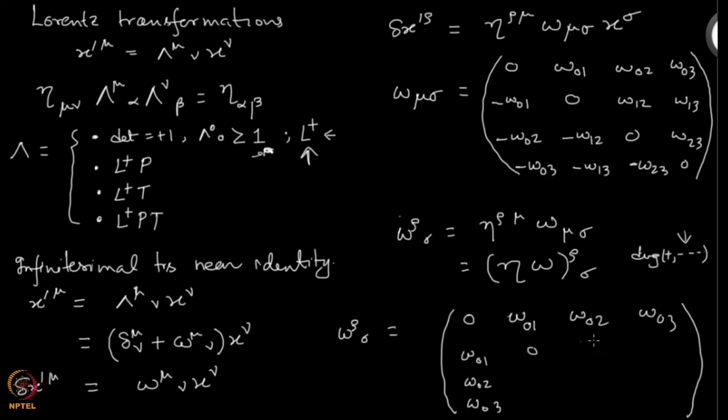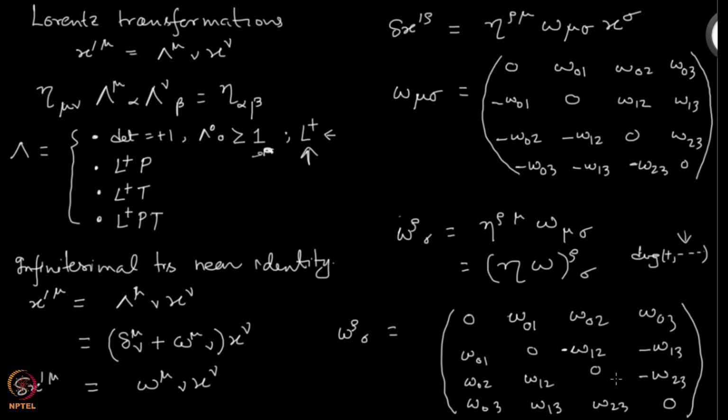Then, of course, the first index is 1, so the sign will change. This will become omega 1 2, omega 1 3, minus omega 2 3, omega 1 3, omega 2 3 and 0.